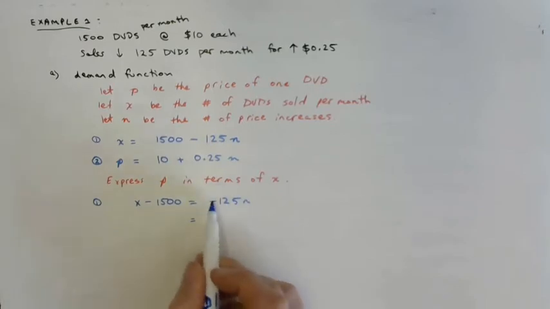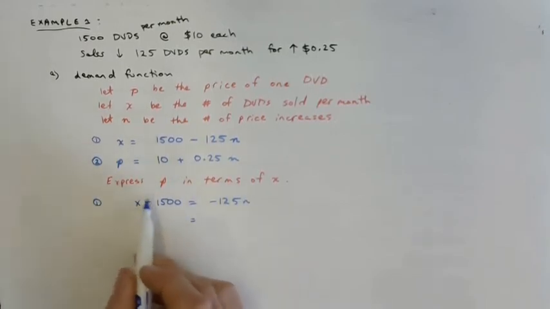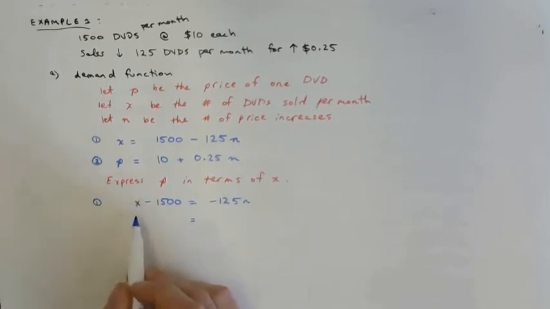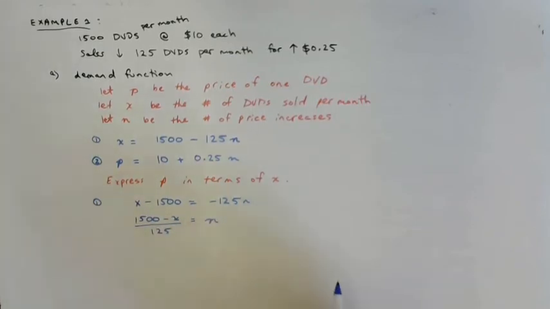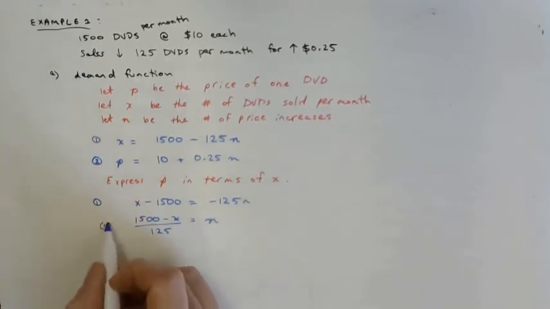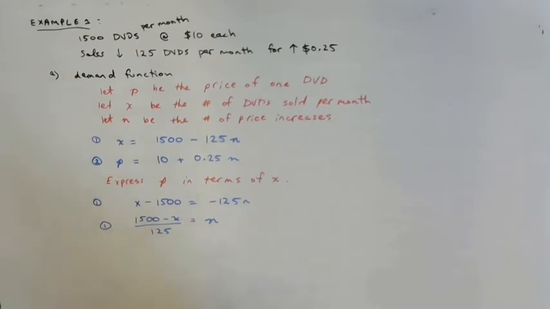So that's going to make this positive 125. That's going to make this positive 1500 minus x. So what we end up with then is 1500 minus x over 125 equals n. So that is equation 1.